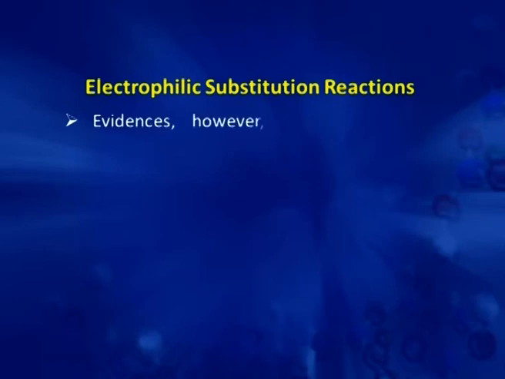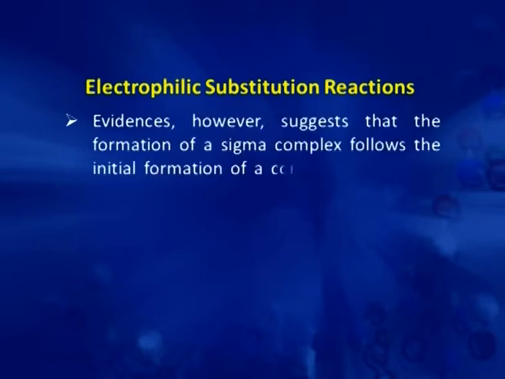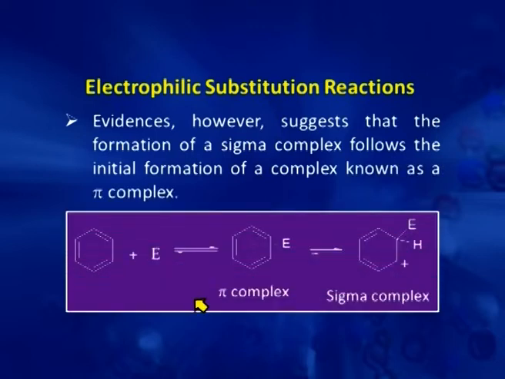Further studies also suggest that before formation of this sigma complex, there is a formation of a pi complex. See here, this electrophile and this benzene ring come together, because this is electron rich and this is electron deficient. So, there is an interaction between these two moieties.